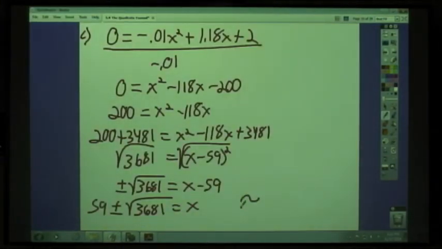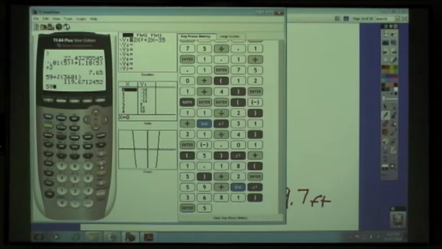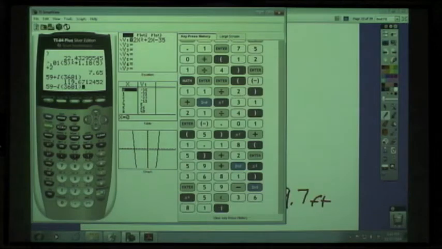So approximately 119.7 feet would be probably a good approximation. One decimal place would be okay there. If you subtracted, if you did 59 minus the square root of 3,681, you're going to get negative 1.67.